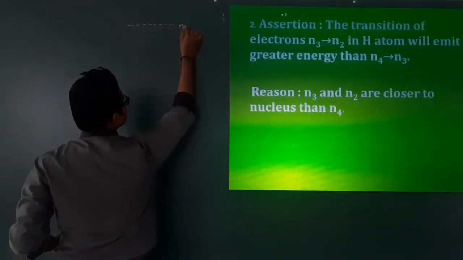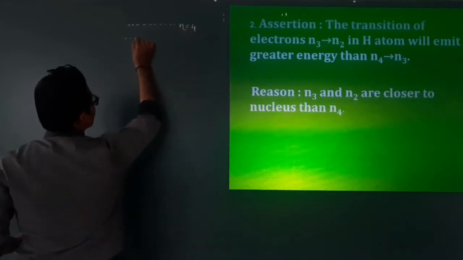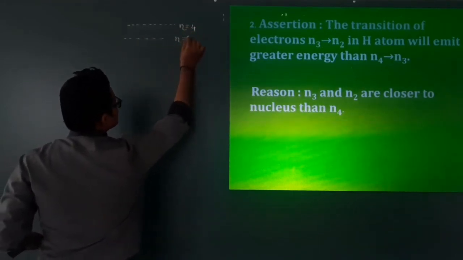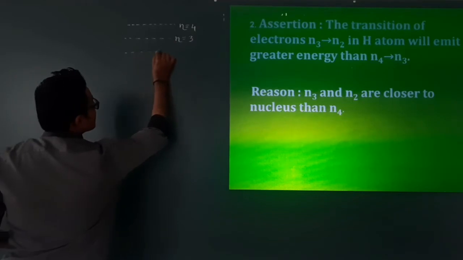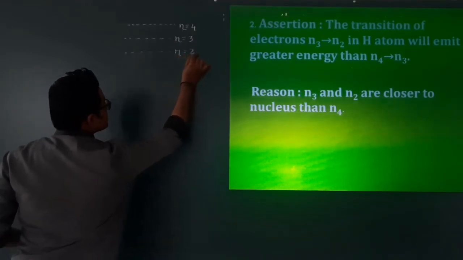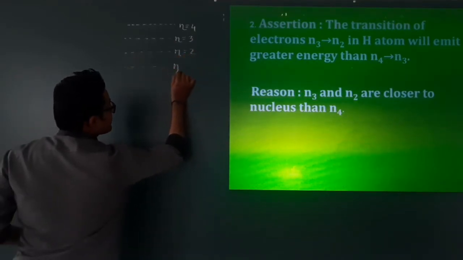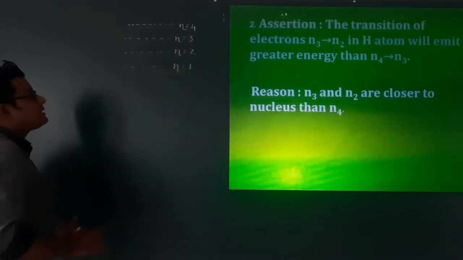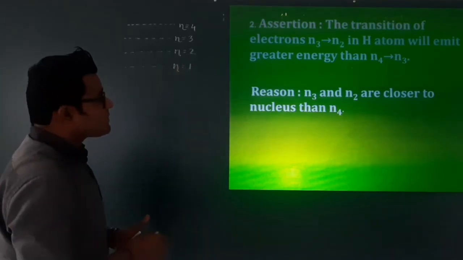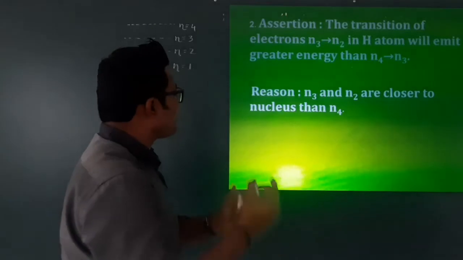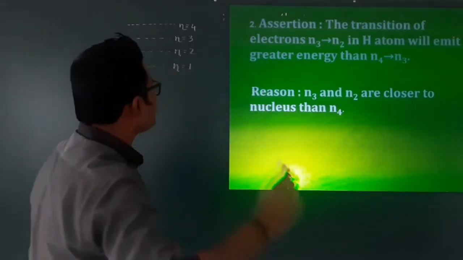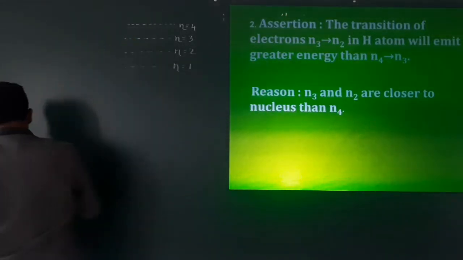Okay, let's say this is n equals 4, n equals 3, n equals 2, n equals 1. Okay, these are the different energy levels. Now, they are speaking with respect to the transition of electron from n=3 to n=2.